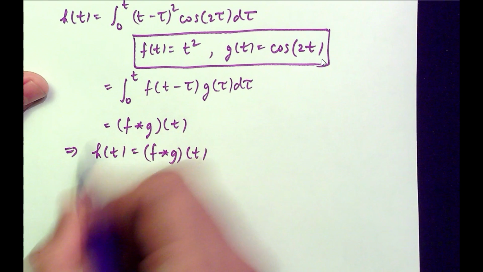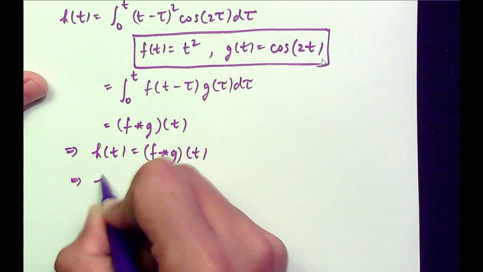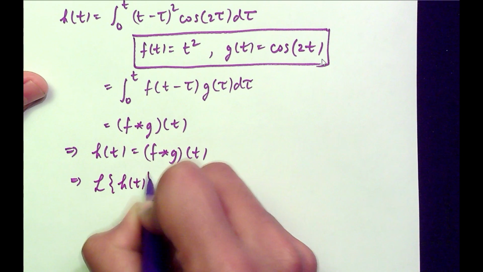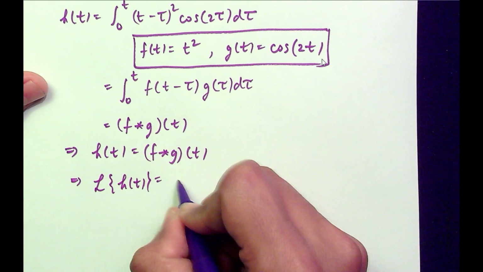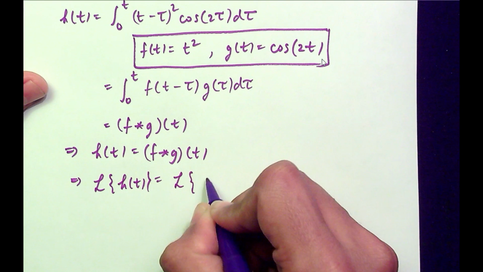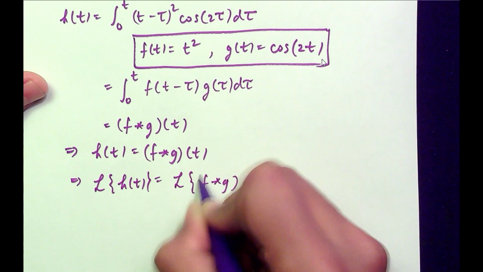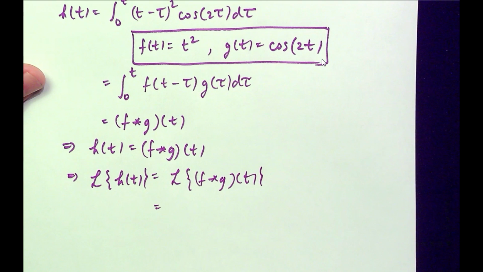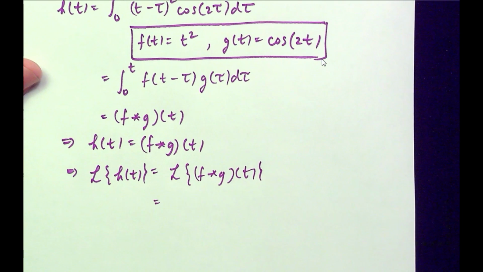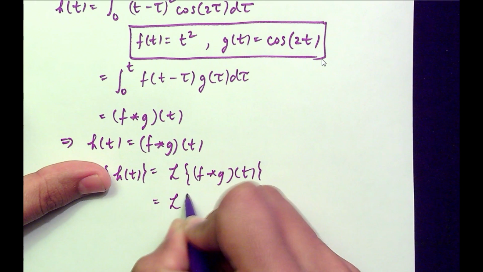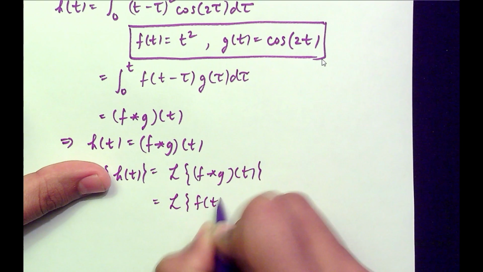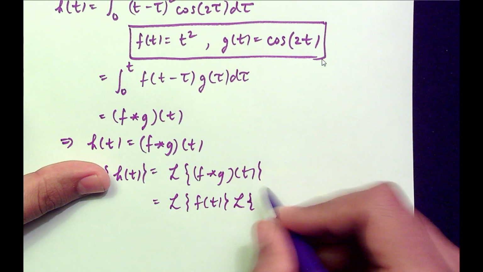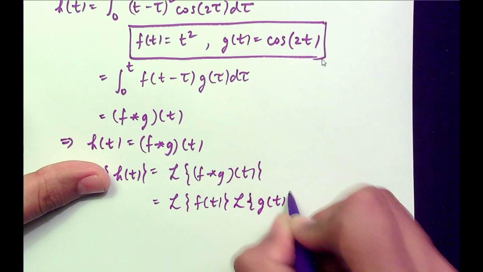That makes things simpler, because if I'm looking for the Laplace transform of h, that is the Laplace transform of f convolved with g, which is the product of the Laplace transform of f times the Laplace transform of g.